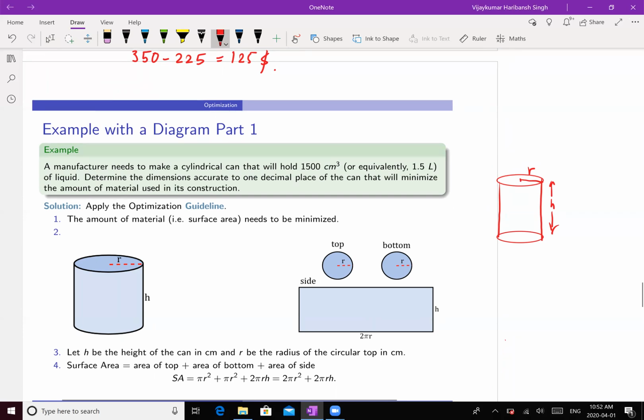What do you really need for constructing this can? You will need the top part and the bottom part. The top is a circle, the bottom is a circle. They are circles of radius r, two of them, top and bottom.